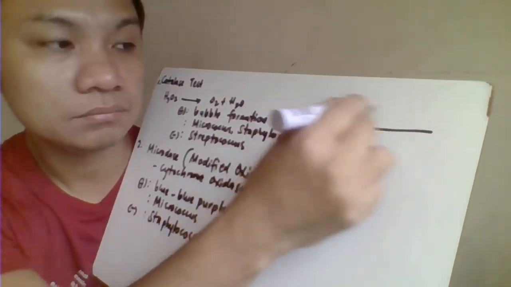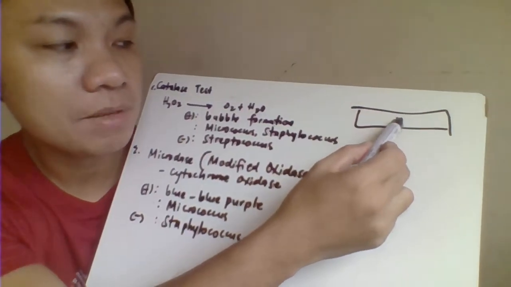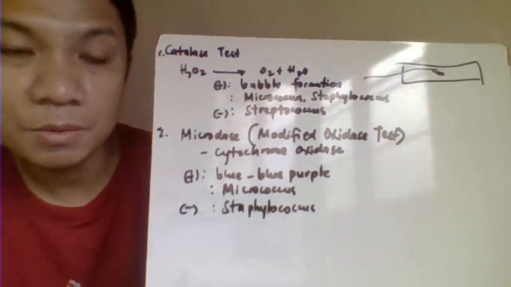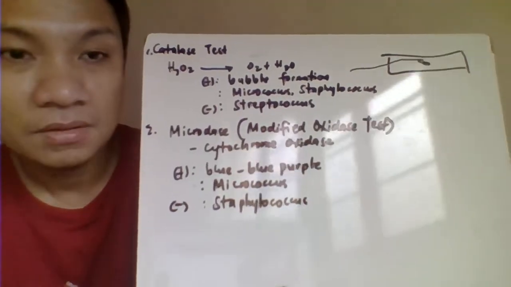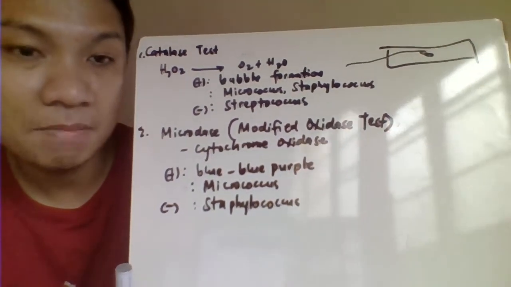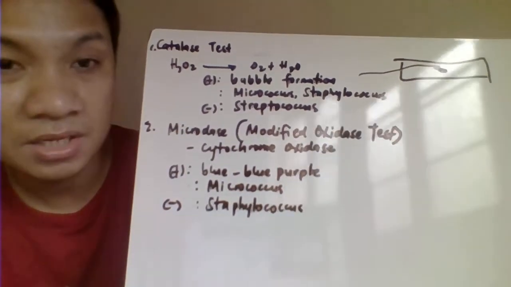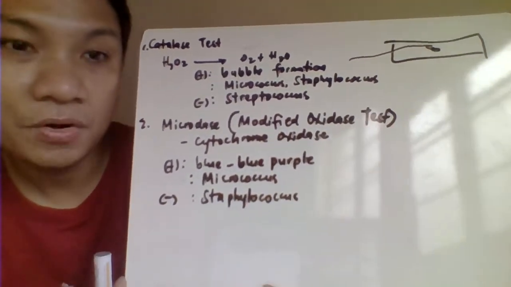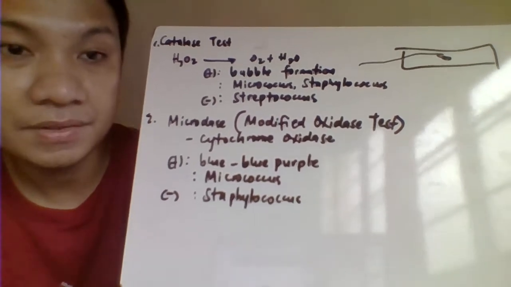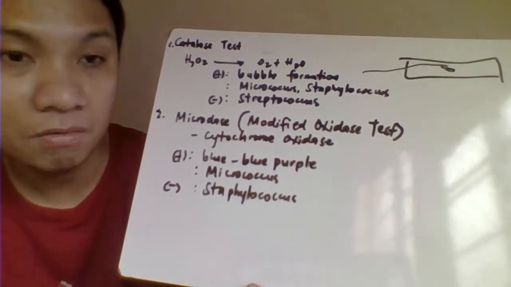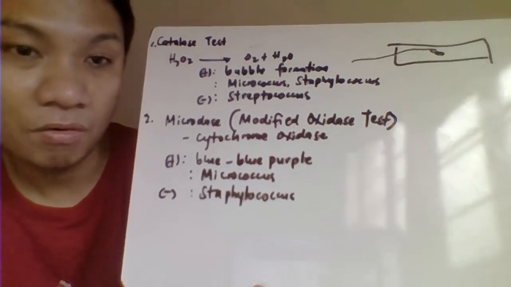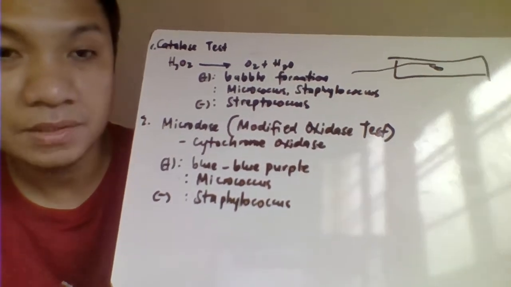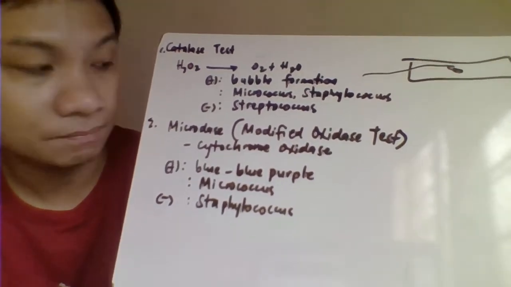You put on your hydrogen peroxide, then add the bacterial inoculum, and all you need to do is observe for bubble formation. A positive result is identified by bubble formation because of oxygen production as the end product of the chemical reaction. So the catalase test will give a positive result for micrococcus and staphylococcus, but not for streptococcus, differentiating strep from micrococcus and staphylococcus.